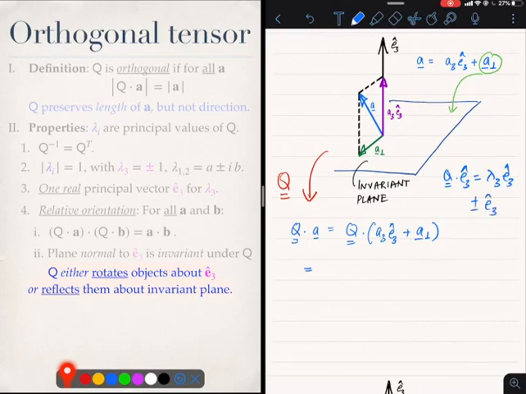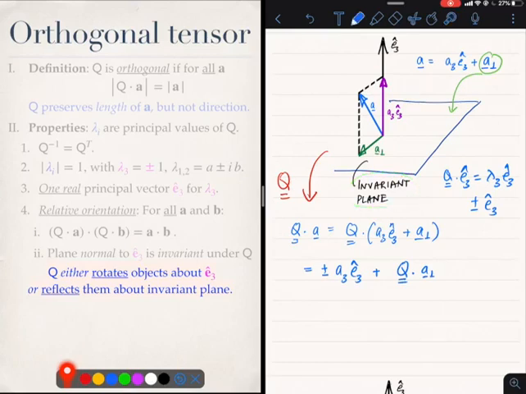So this will be plus or minus A3 E3 plus Q dot A perp. Both these quantities, this is in the invariant plane and this will also be in the invariant plane, because we have just said that any vector which is on this invariant plane remains in the invariant plane.